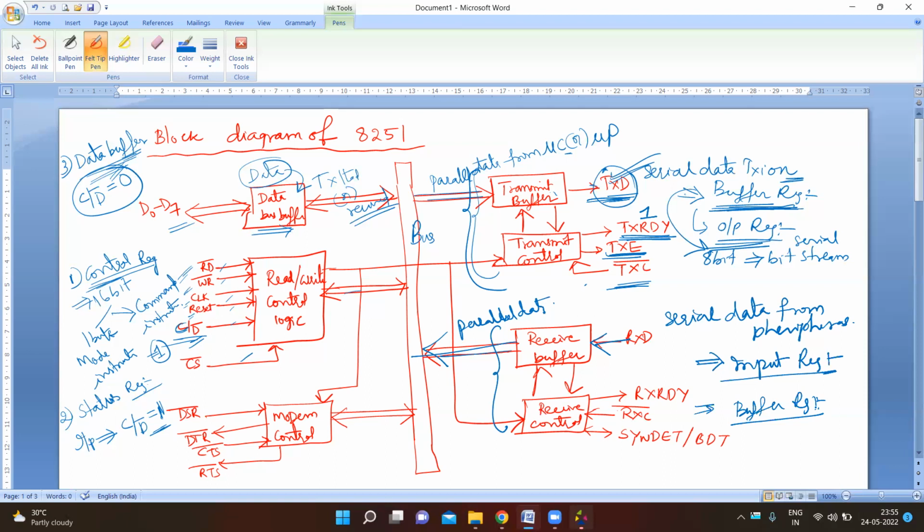When the RxD line, the receive data line, goes low, the control logic assumes it is a start bit, and waits for half a bit time and samples the line again. If the line is still low, then the input register accepts the following bits, forms a character and loads it into the buffer register.